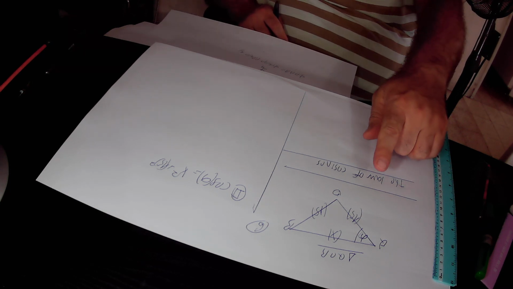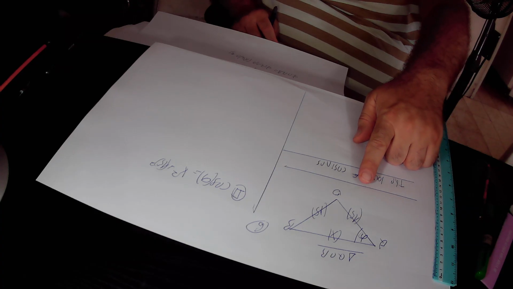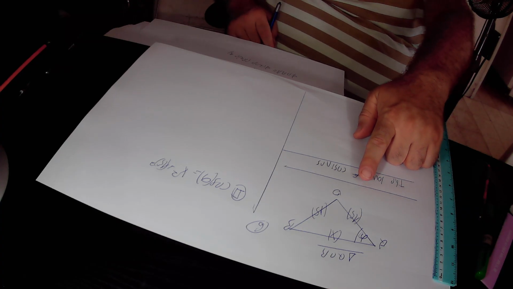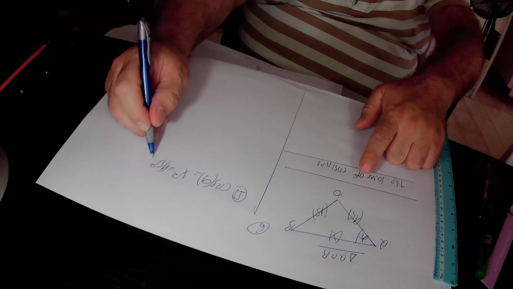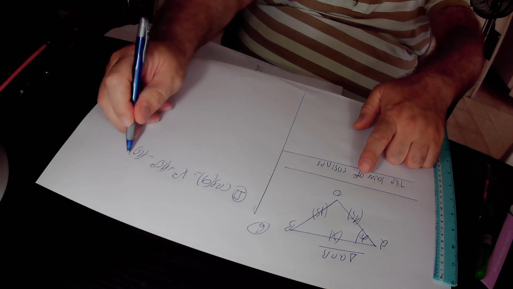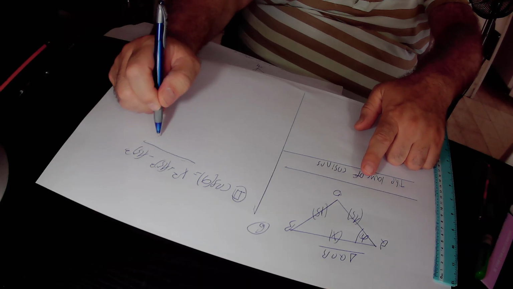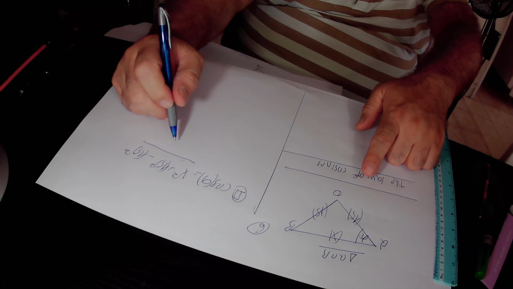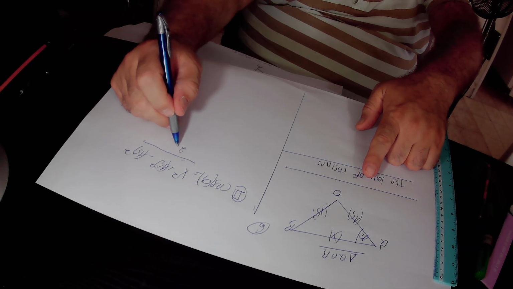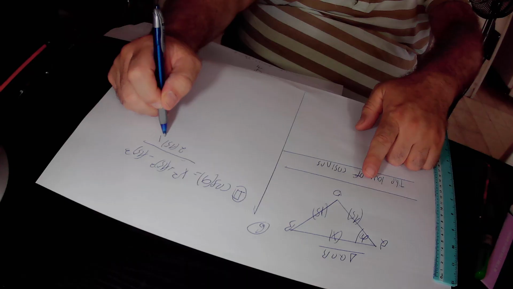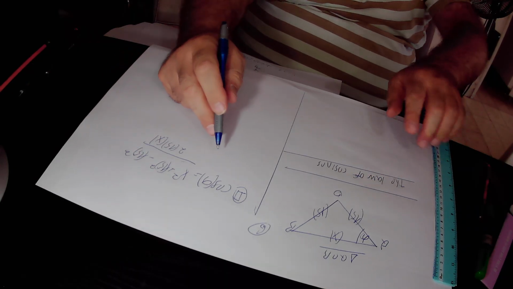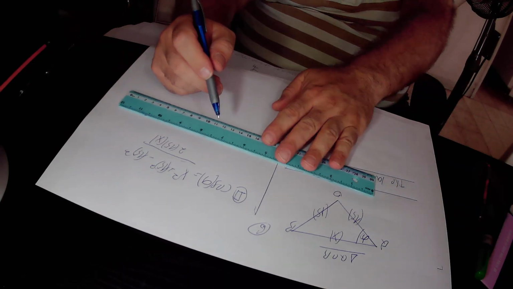Okay, here cosine alpha equals x squared plus 15 squared minus 15 squared over 2 times 15 times x. So this is the value of cosine alpha according to equation 2.